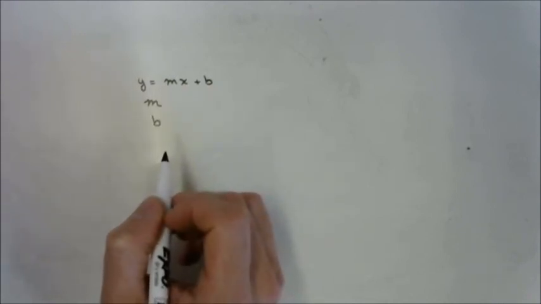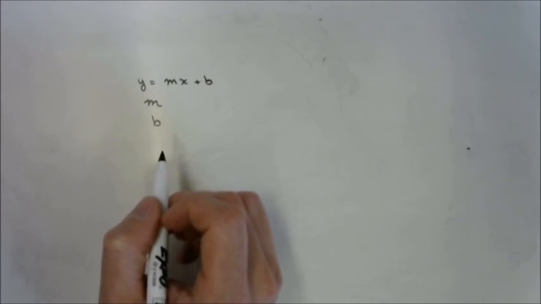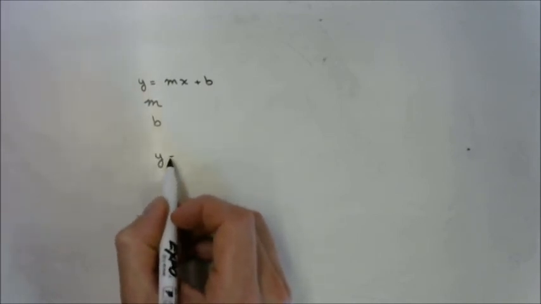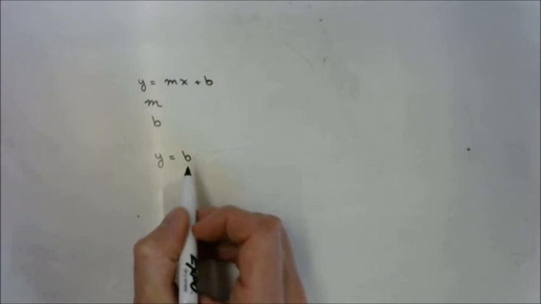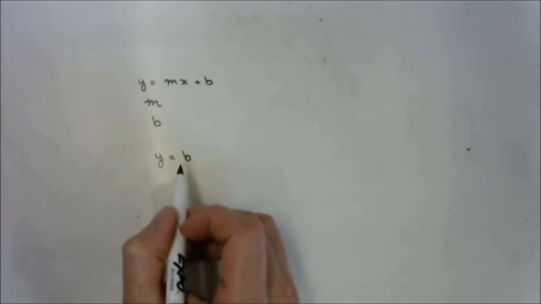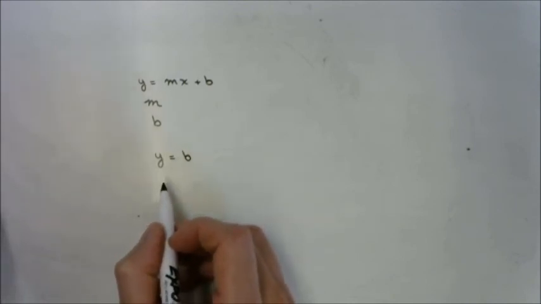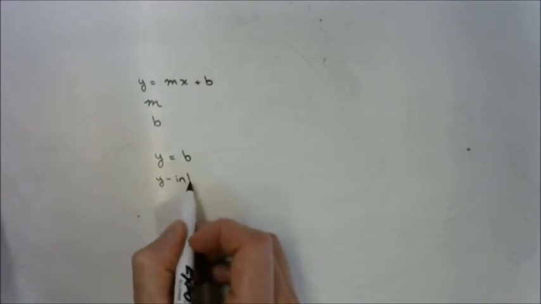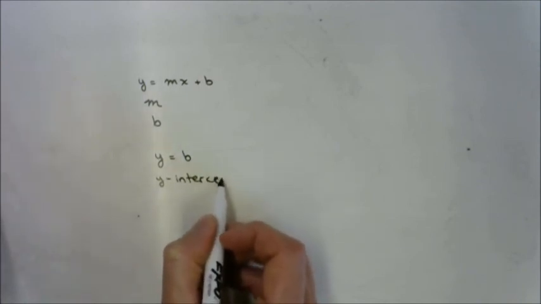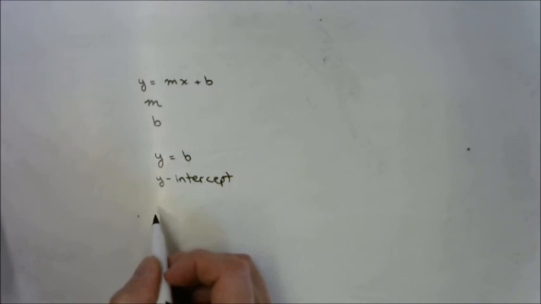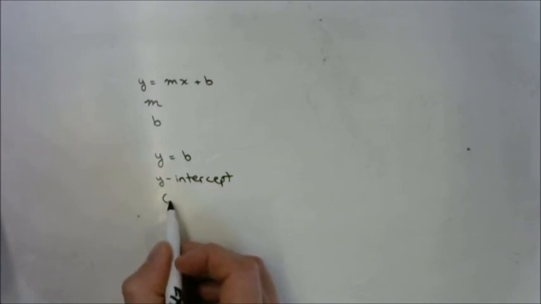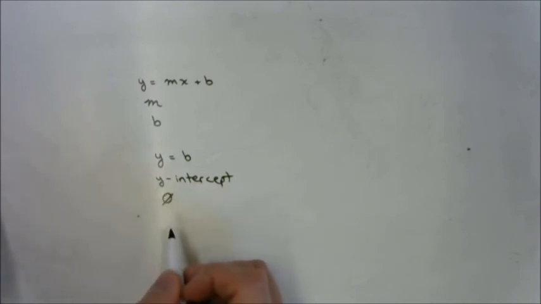A horizontal line is written in the form y equals b, where b is the y-intercept. There is no rise over run. It's horizontal, and the slope of the line is 0. Good job.